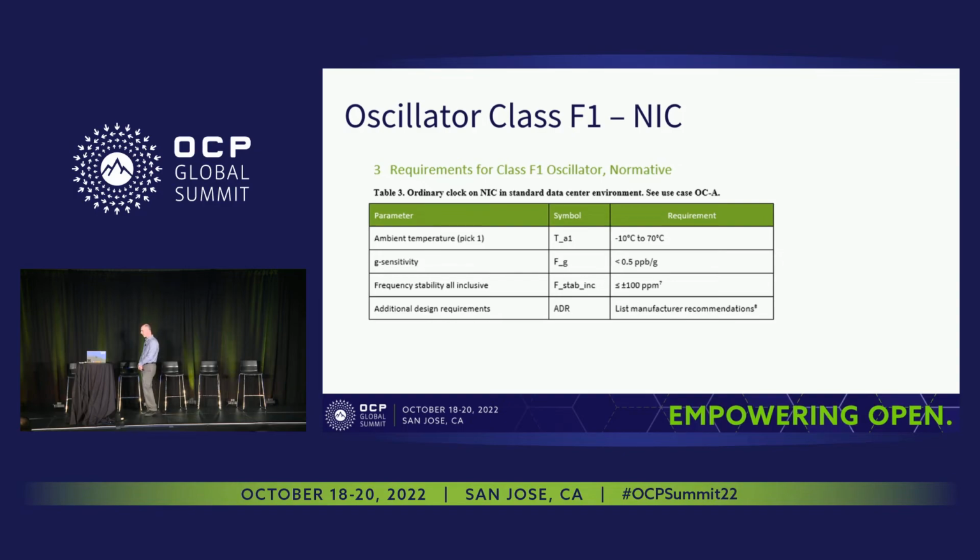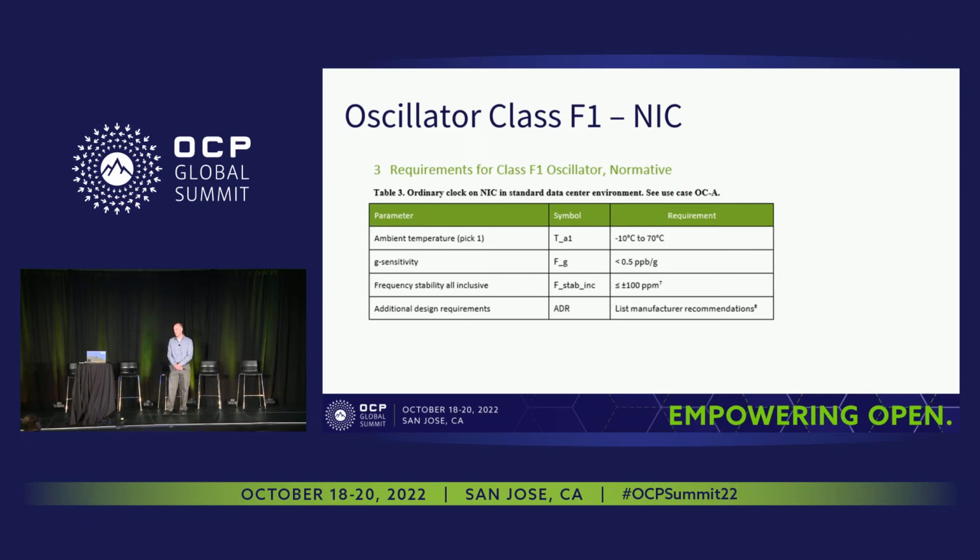So the question is, what specs would you want to see for an ordinary clock in a NIC? The NICs are in the servers, and there are many of them, so it's a high volume application. You wouldn't want to see an atomic clock or an OCXO in there. Within a data center environment, typically it's just an XO that we use.